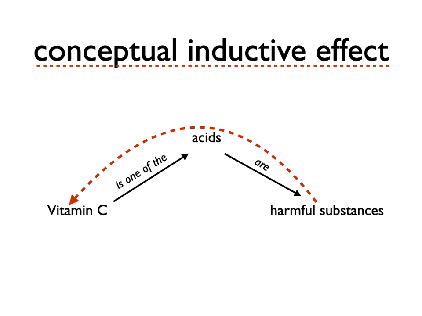Because the learner incorrectly sees all acids as harmful, this colours their view of ascorbic acid, vitamin C, as correctly knowing that vitamin C is an acid will lead to the incorrect inference, the logical deduction, that vitamin C is a hazardous substance which should not be ingested. That is what I mean by the conceptual inductive effect. The content of a person's concept is influenced by the other concepts indirectly associated with it.